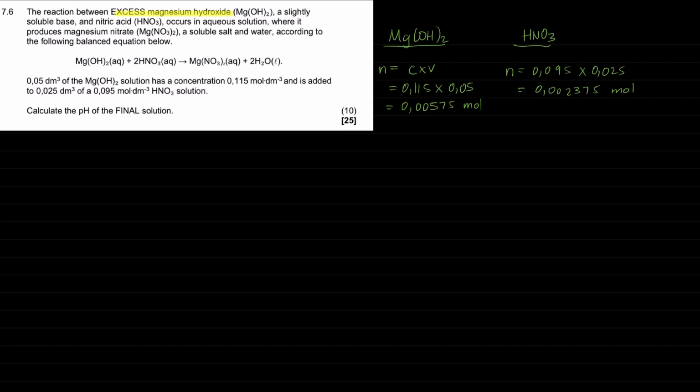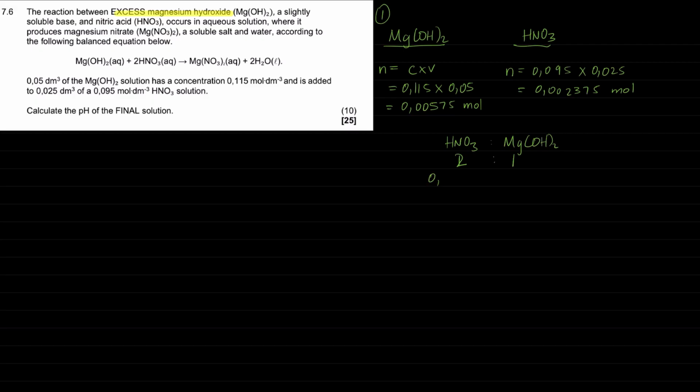Now, to calculate the number of moles that is in excess, we first need to work out how much magnesium hydroxide we need. To do that, we'll do a mole ratio. HNO3 to Mg(OH)2. The ratio from the reaction is 2 to 1.